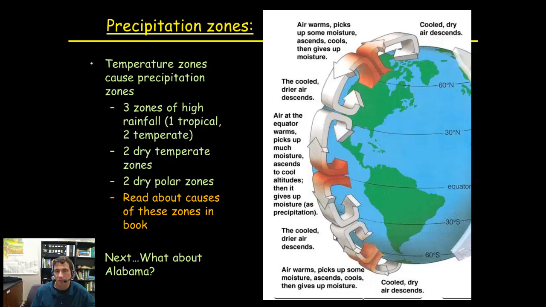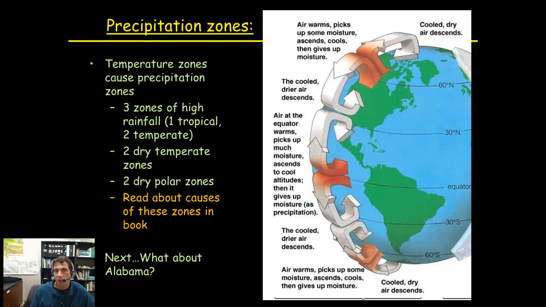Now, some of this air, as it reaches the Earth's surface again, will travel southward towards the equator and pick up moisture and heat as it goes and become part of that equatorial loop once again.